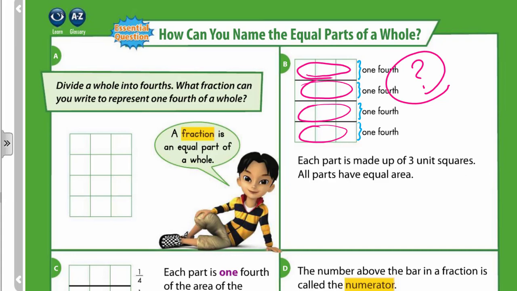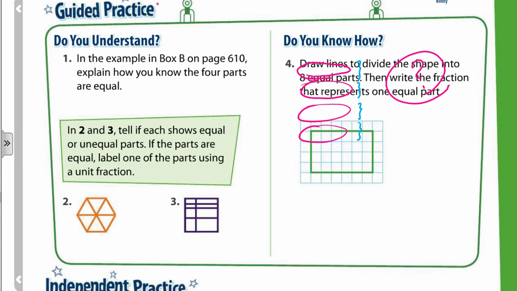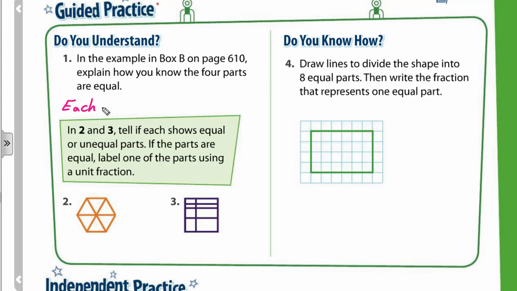Let's write this answer. Oh, let me first move down a little bit. Okay, write with me, my heroes. We will write the answer here for question number 1, because each fourth, each part here is called fourth, because it's divided into 4 parts.